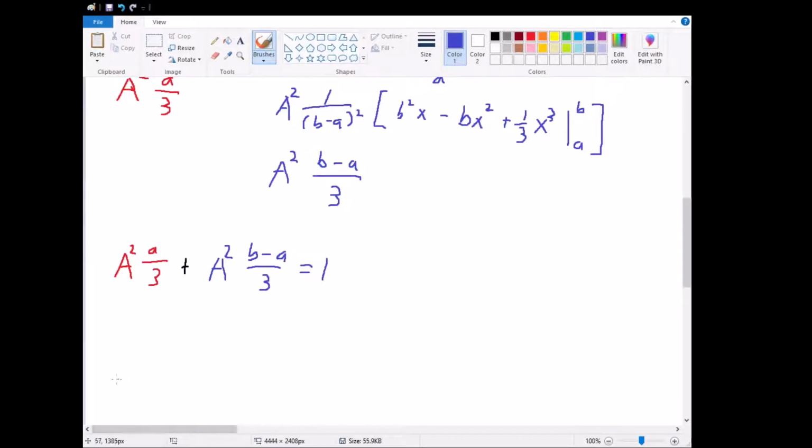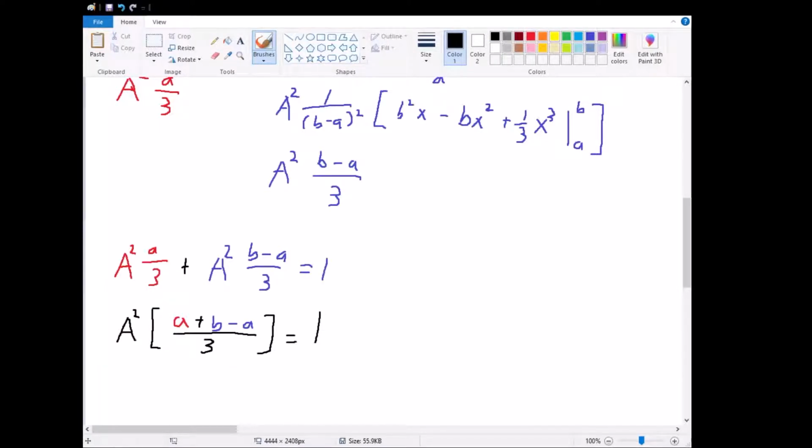So let's add terms together. We distribute out A squared on the left side, and then take the interior, a added with (b minus a), all divided by 3, because everything shares a common factor.